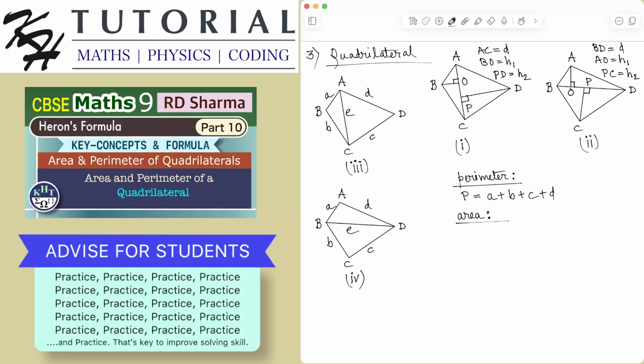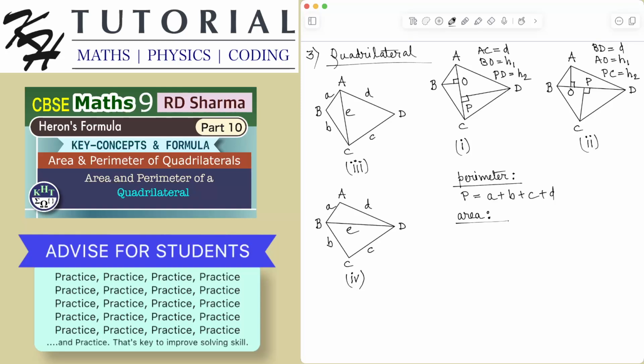If we know the length of a diagonal, say AC, let's say the length of the diagonal AC be D, and also the lengths of the perpendiculars drawn on this diagonal AC from the opposite vertices B and D, let's say the length of the perpendicular BO be H1 and the length of the perpendicular PD be H2, then we can find the area of the quadrilateral.